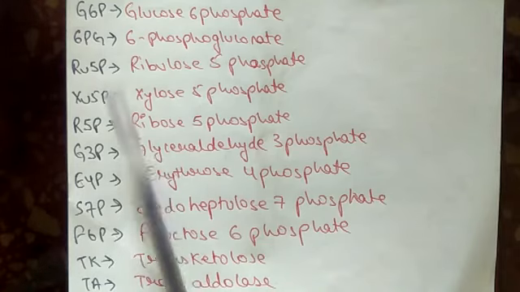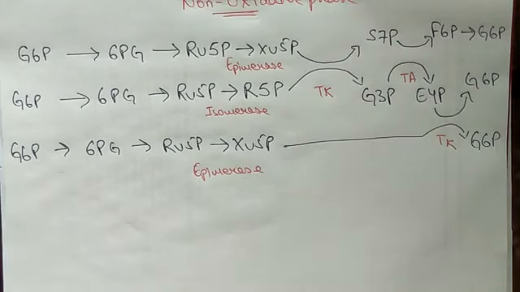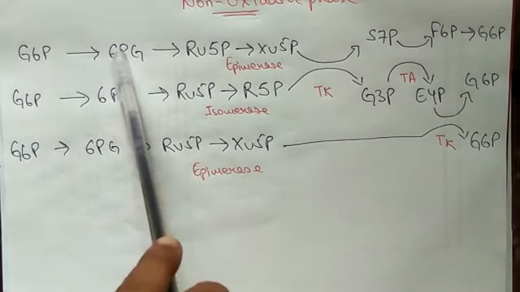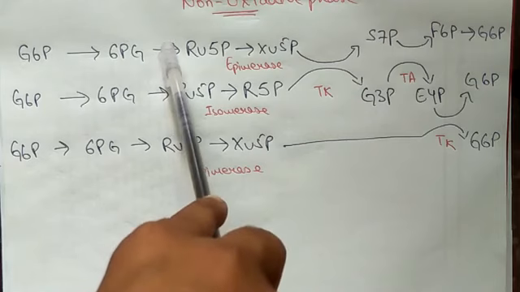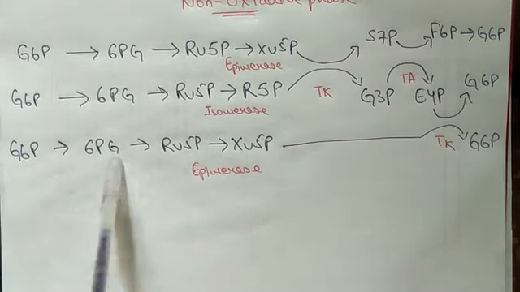So this is the full form of the code words. Now it will make it easier to understand what these are. So here you can see glucose 6-phosphate, 6-phosphogluconate, and ribulose 5-phosphate. So the cycle is this much.